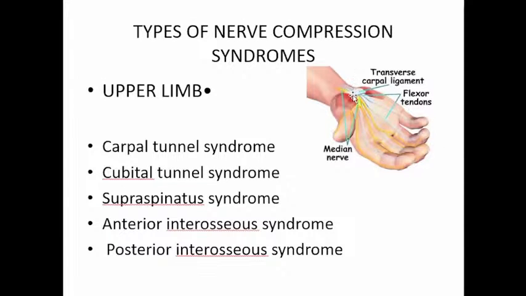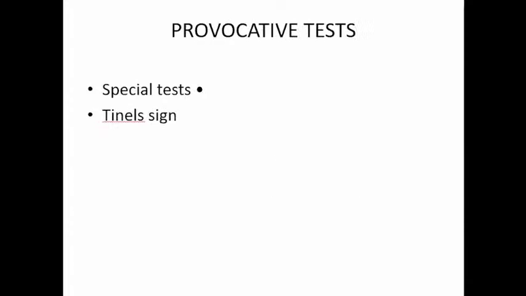So in carpal tunnel syndrome, you knock the area anterior to the carpal tunnel, use your finger and tap, and the patient will feel sensations similar to what they usually feel going down the fingers. So that helps. It can be done anywhere where the nerve is relatively superficial to diagnose nerve entrapment syndrome. So that's called Tinel's test. And when it's positive, you now talk of positive Tinel's sign.